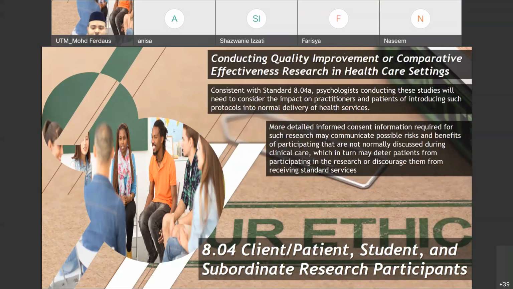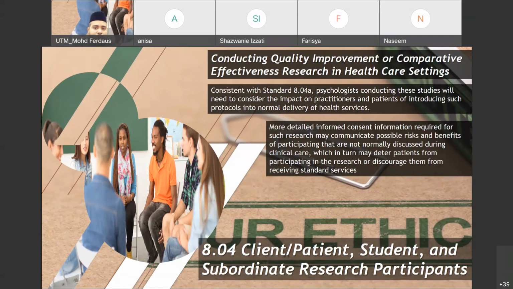Similarly, conducting quality improvement or comparative effectiveness research in a healthcare setting still involves gaining informed consent for client, for patient or student and subordinate research participants. Our participant is our own student, our own patient, our own subordinate.